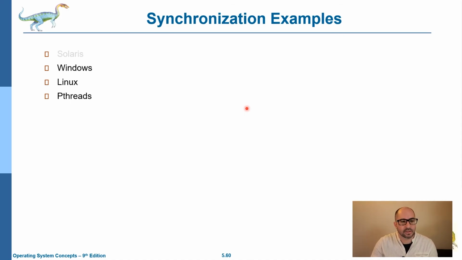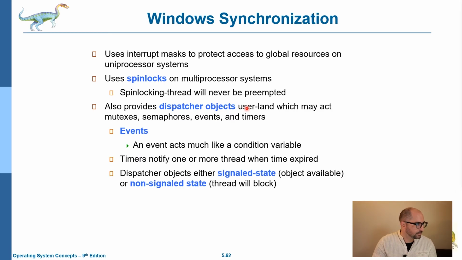So the book may discuss Solaris, Windows, Linux, and pthreads. We're not going to concern ourselves with Solaris, and we'll make a brief pass through Windows, Linux and pthreads as well. If you're interested in the facilities, you have the documentation that you can go into in more detail.